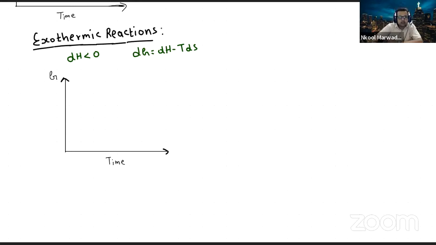Once again, first let us make the curve of how the Gibbs free energy will change. First it will increase and then it will fall, and it will decrease. So naturally, delta G is negative, and naturally the process is spontaneous.